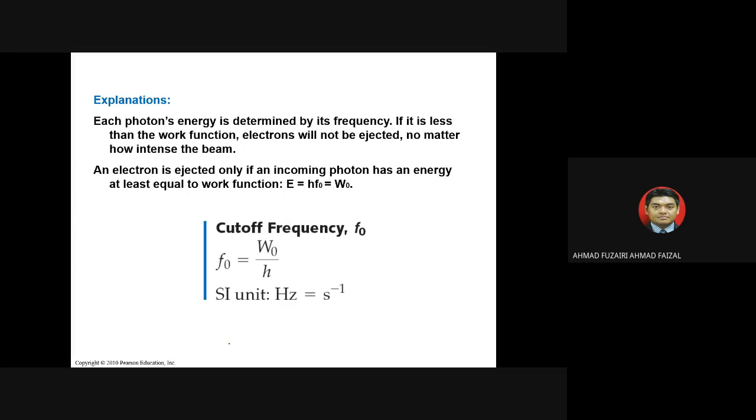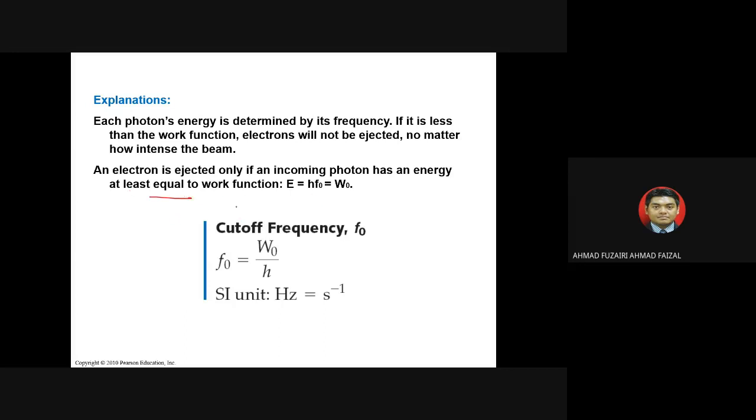Each photon's energy is determined by its frequency. If it is less than the work function, the electron will not be ejected no matter how intense the beam. An electron is ejected only if an incoming photon has energy at least equal to the work function.